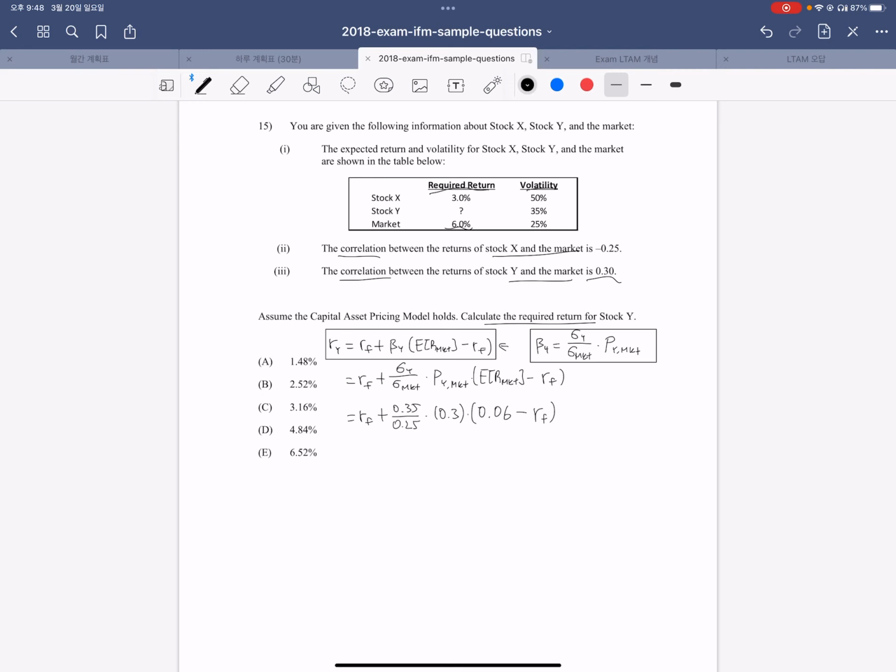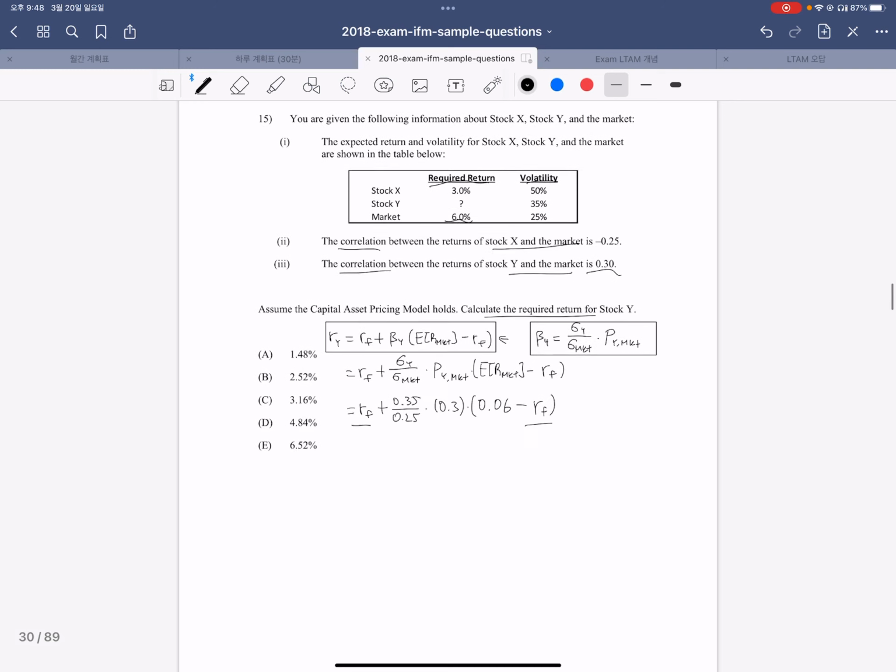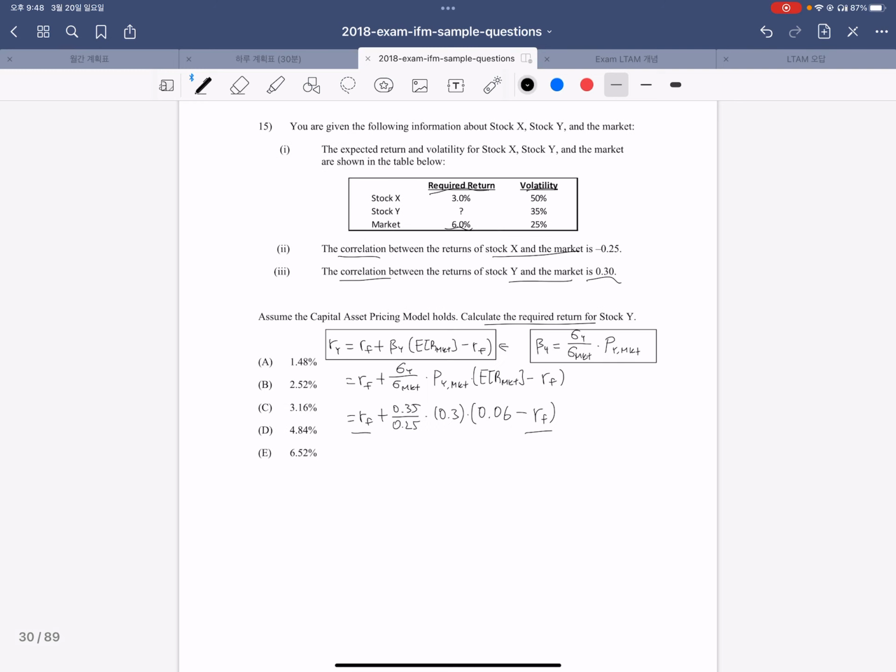So we don't know the risk-free interest rate here, and we need this value to solve for the required return for stock Y. And since we know the required return for stock X, we can probably solve for the risk-free rate because we're using the same formula.